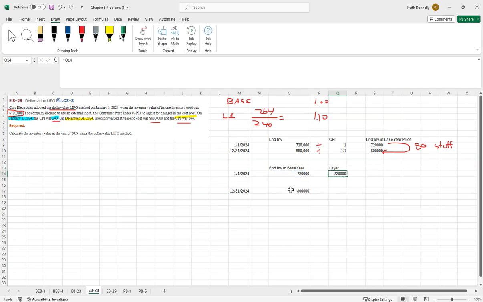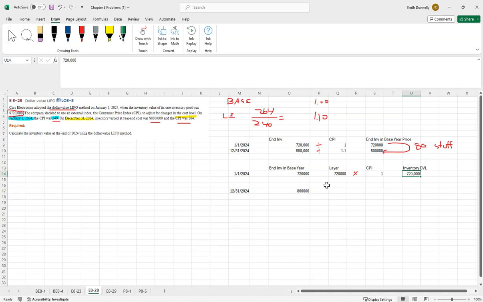So 720 is 720, that's what we started with in there. Then we'll have our CPI for year one of 1. Here we're going to multiply it, and that will get us our ending inventory under dollar value LIFO, DVL. So it's $720,000.